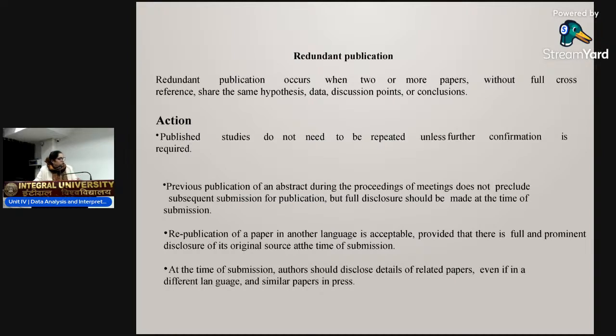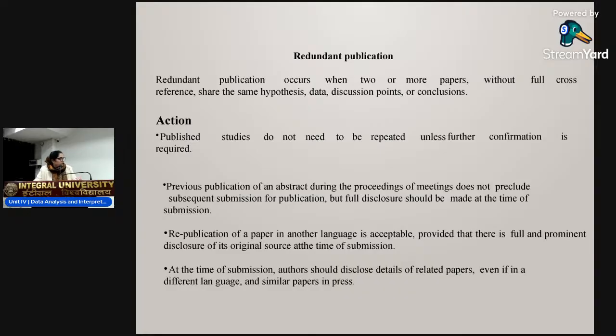Previous publication of an abstract during the proceedings of meetings does not preclude subsequent submission for publication, because while you're presenting a paper in the conference, it's understood that it's not the full story yet, right? So it's part of the story. So you can proceed for publication later on.